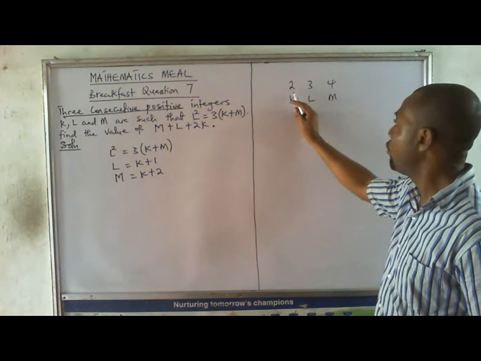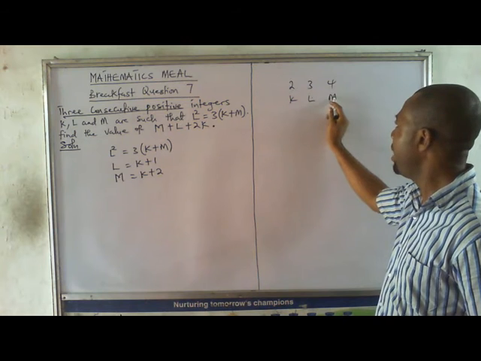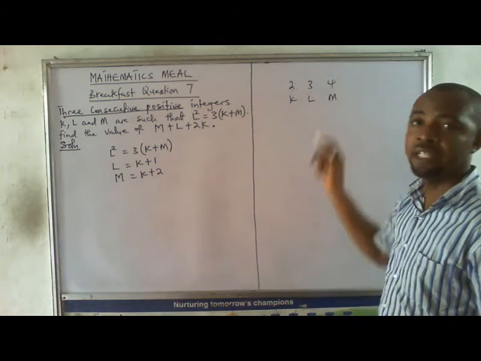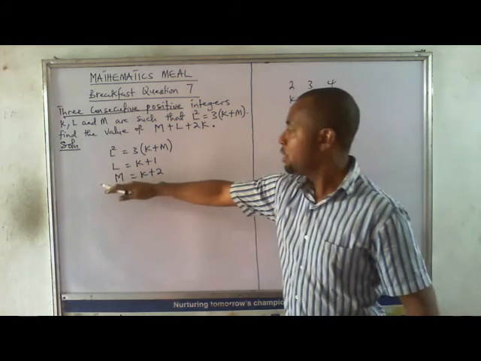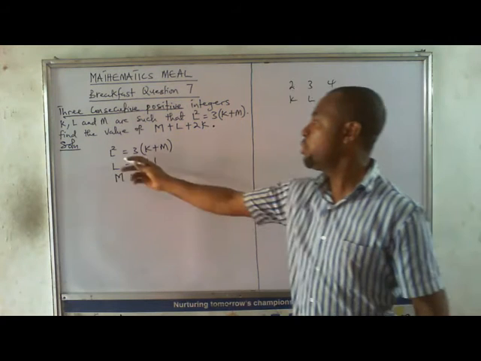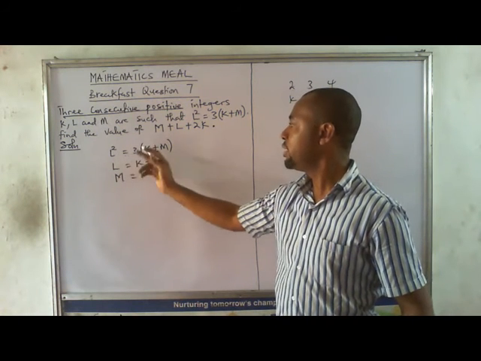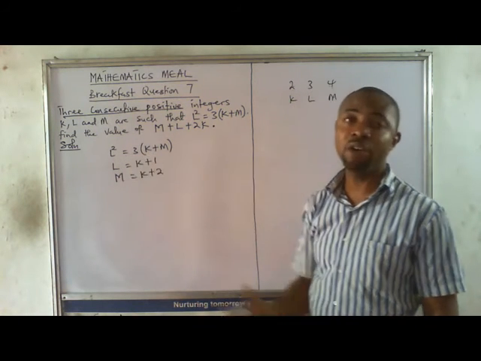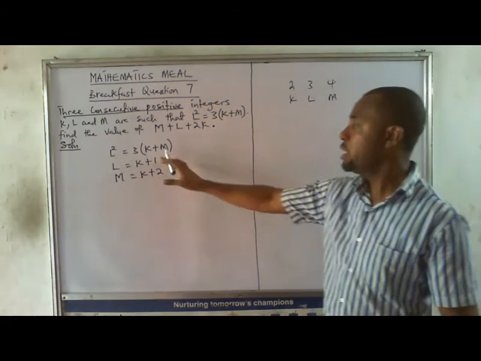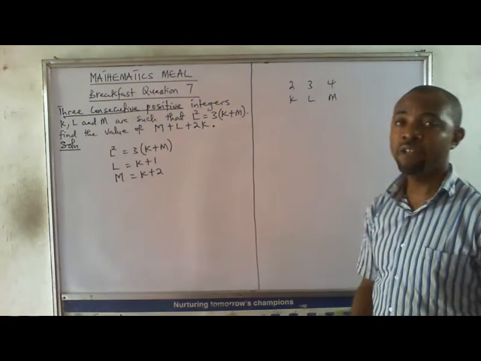So to form l, I add 1 to k, and to form m, I add 2 to k. And why are we doing this? There is no way we can solve for l, k, or m using a single equation since we have 3 unknowns. So we have to generate 2 more equations that will enable us to solve the problem.